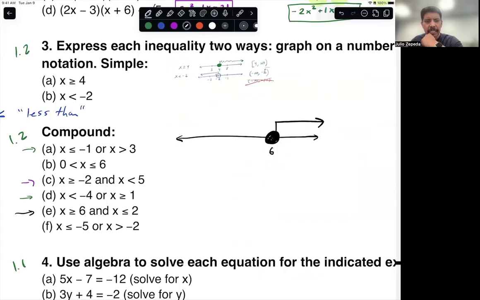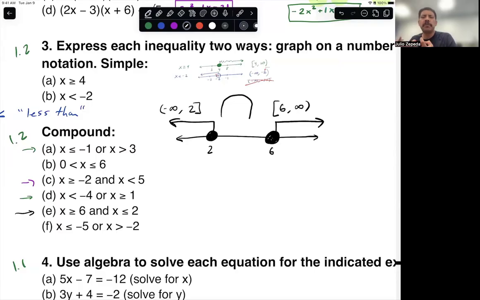And x is less than or equal to 2. 2 is here, less than or equal to, shades to the left. And so we could write the interval notation for each of these as -infinity, comma 2, including the 2, and 6 to infinity, including the 6, and then we would need the intersection symbol between them.